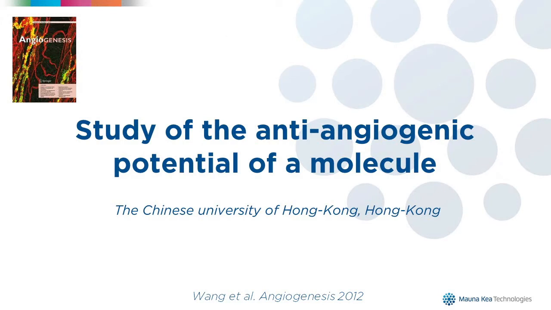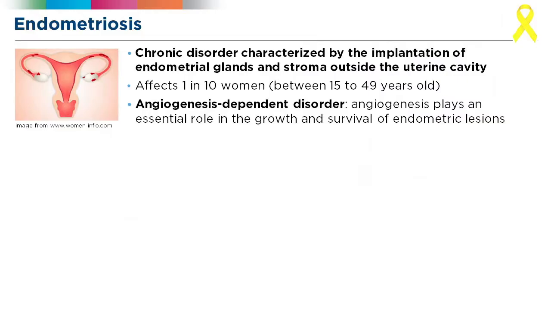So the first example that I wanted to show you is the study of the anti-angiogenic potential of a molecule. That was an article published by a team from Hong Kong. The study focuses on endometriosis.